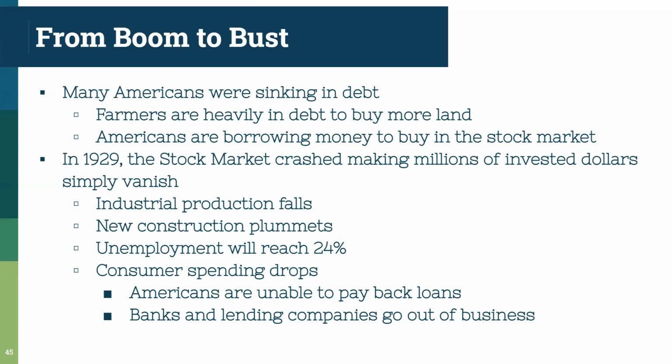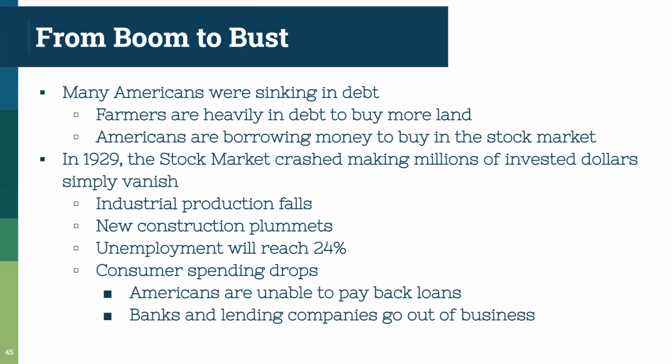Well, in 1929, by this time, stocks had been increasing for the last decade. Stockbrokers realized that what they owned was not really worth what they were selling it for. People began to sell. It created a crash. Millions of dollars that were invested are simply gone, vanished.